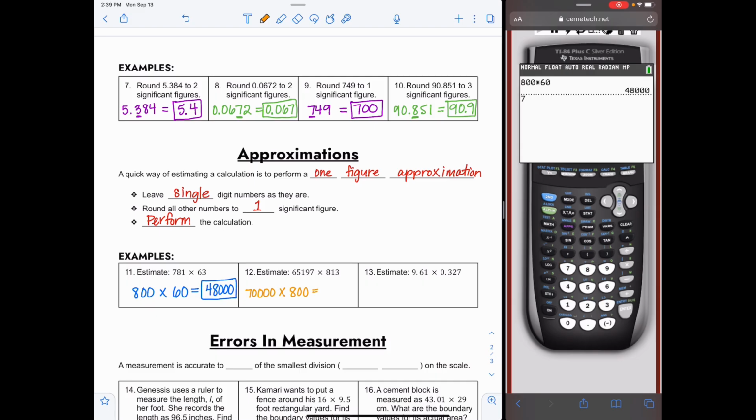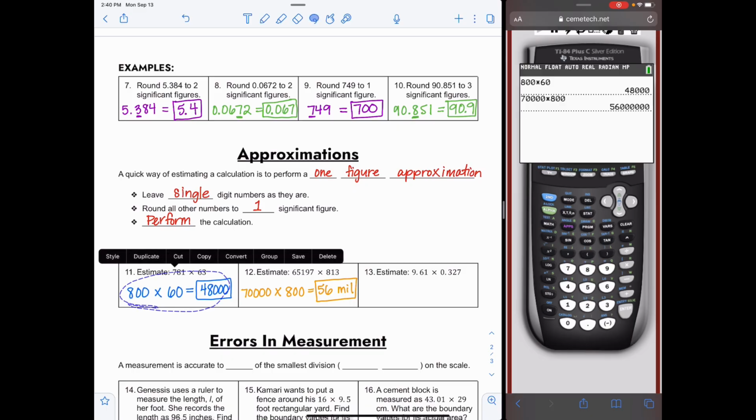So when we have 70,000 times 800, we will end up with 56 million. Okay, 56 million. And because I don't have enough space to write all those zeros, I'm just going to put MIL for million. Okay. All right, so let's look at number 13.